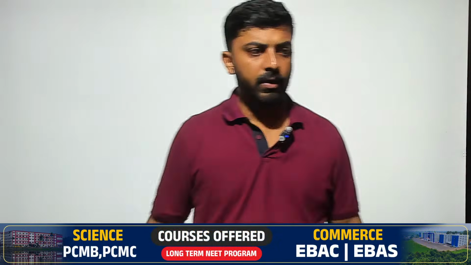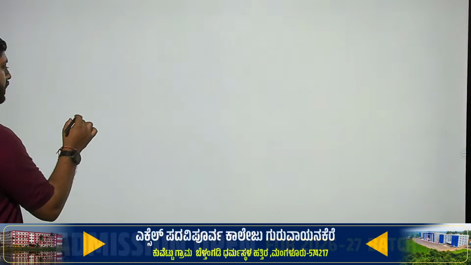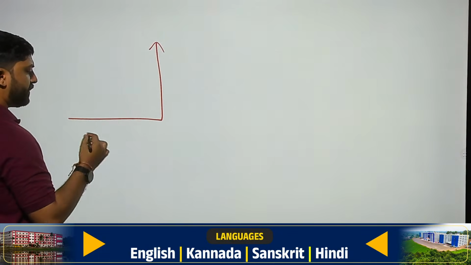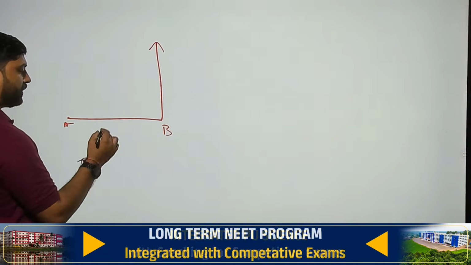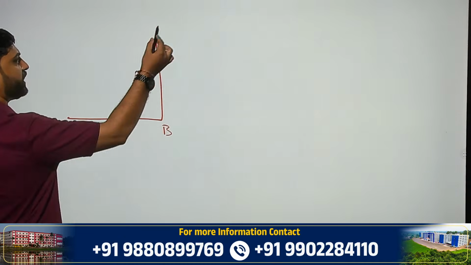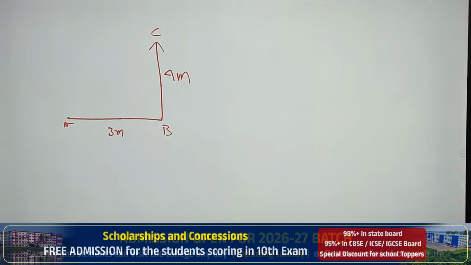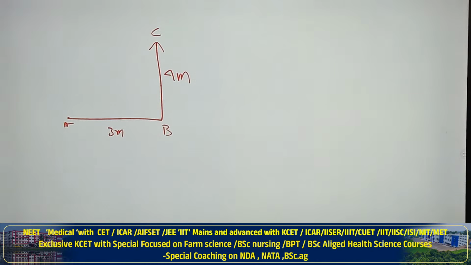Okay, for example, this is a simple problem of finding the displacement. A body traveled from A to B. This is 3 meter. Then B to C, it traveled 4 meter. They will ask you what is the displacement. This problem can be solved by trigonometry as well as vector.